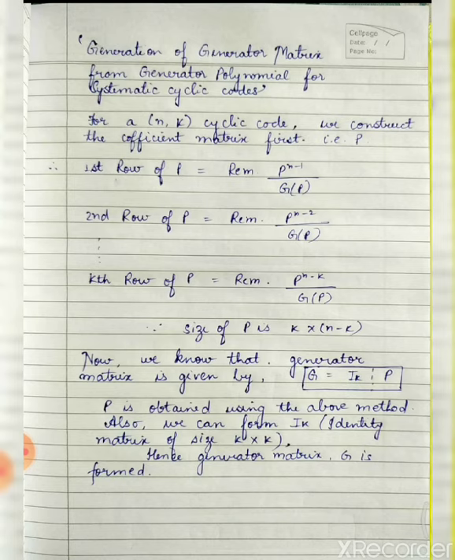In the lecture of linear block codes, we saw that H is [P transpose | I_(n-k)]. We have P available with us, so we can easily take out the transpose of P. We have the value of n and the value of k, so we can easily take out the identity matrix of size n minus k cross n minus k. So the parity check matrix can also be built by using the generator matrix.